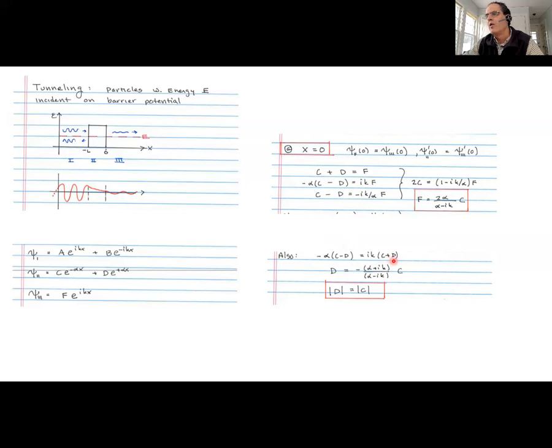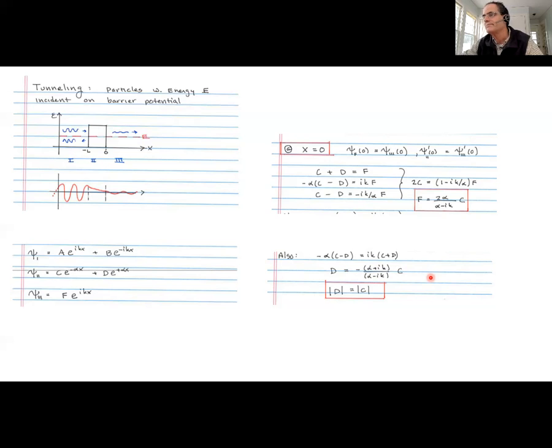Okay? Or we could rewrite this as an expression for d in terms of c. d then would be equal to minus, and now we have quantity alpha plus ik divided by quantity alpha minus ik times c. Now, the reason this is interesting is that this term, alpha plus ik over alpha minus ik, that's some complex number, but it's a complex number of magnitude 1.